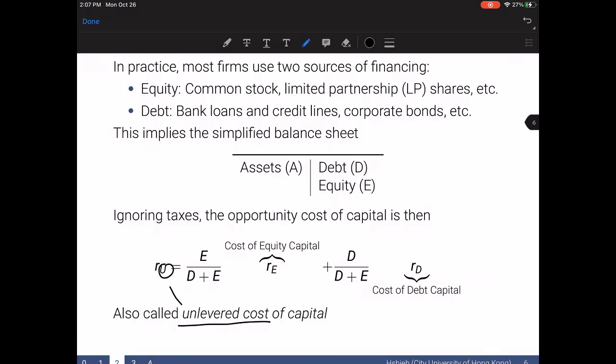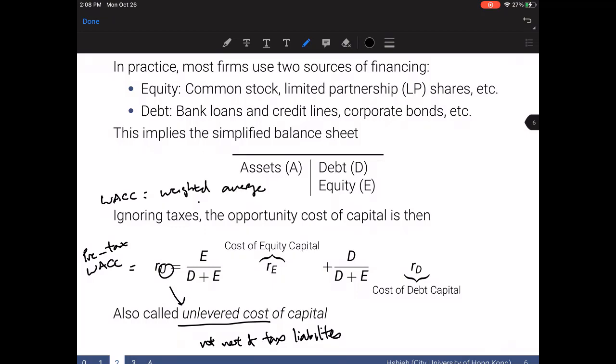So unlevered here means not net of tax liabilities. Sometimes the RU is also termed the pre-tax WACC, and I remind you that WACC stands for the weighted average cost of capital.